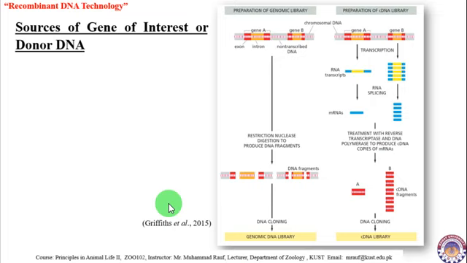So the cDNA library is usually smaller because it doesn't have the non-coding areas, and a gene taken from a cDNA library can be incorporated into a system which lacks the ability of post-transcriptional modification or splicing. On the other hand, the genomic library is a large library, and the gene in that library also has the non-coding regions.